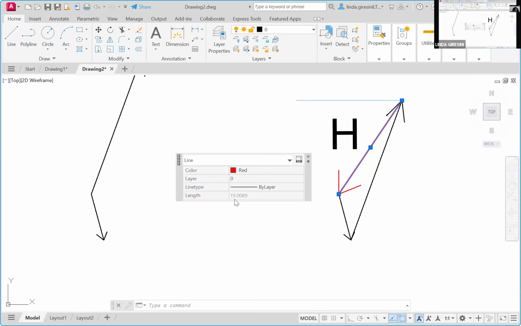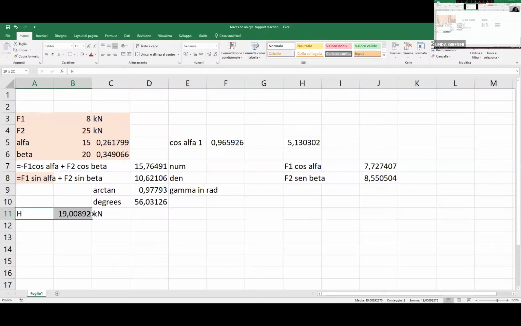The length is 19 kilonewtons. Do you remember, in the Excel file, it was exactly 19. Let us check it. It's important to check. Let me share my screen. You see here 19 kilonewtons, 19.0089. Perfect.